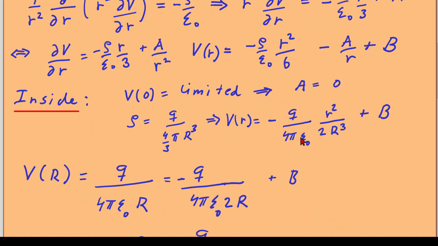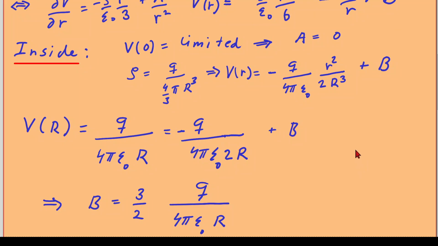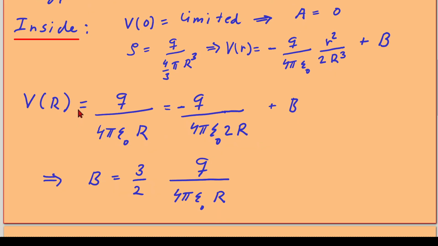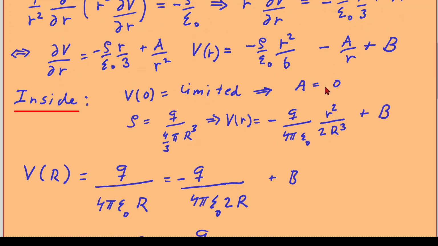So then we put in r equals capital R, only R here plus the constant B. And this can only be equal to each other if B, this plus that, turns out to be this. Then we determine the constant B from that boundary condition here, and A was determined from that boundary condition.